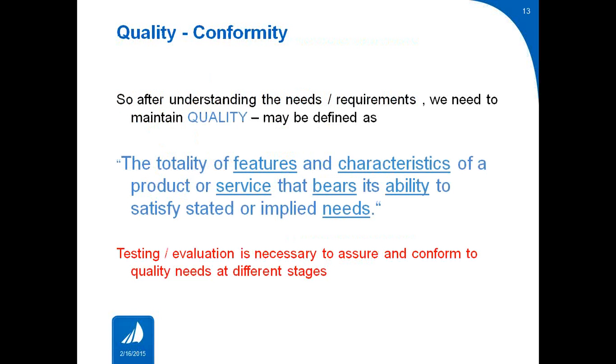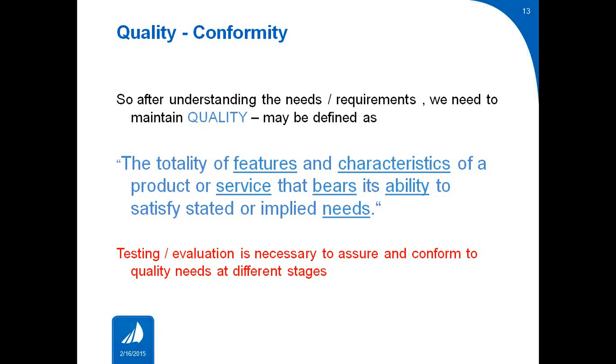So, after we decide what the needs and requirements are, we have to ensure that a packaging material, like any product per se, conforms to the need that we have identified. There are many definitions of quality.